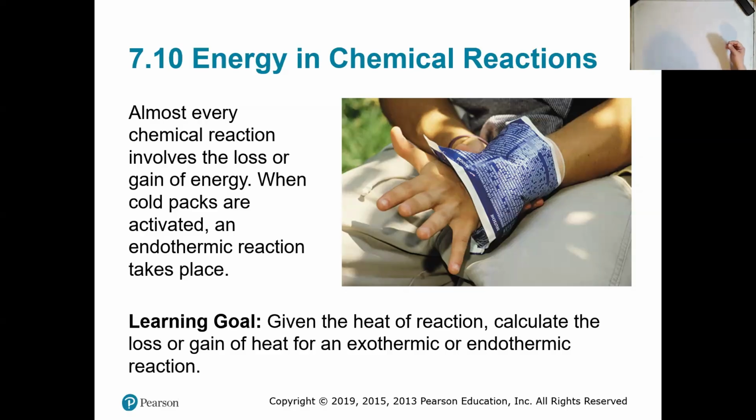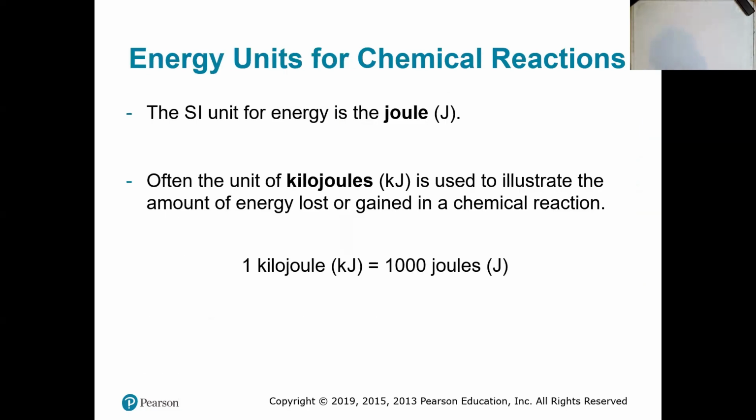Sometimes a reaction might need a little bit of heat in order for the reaction to actually happen. Or sometimes during the reaction, heat is released. So we're going to look at the reactions and the energy involved either in the start of the reaction or at the end of the reaction, where heat might be a product of the process instead.